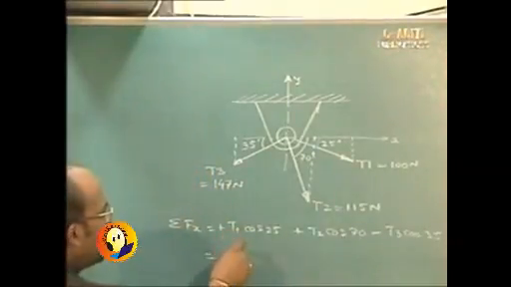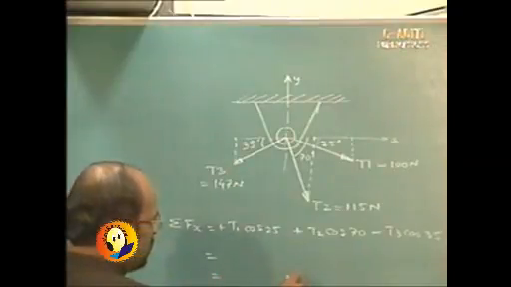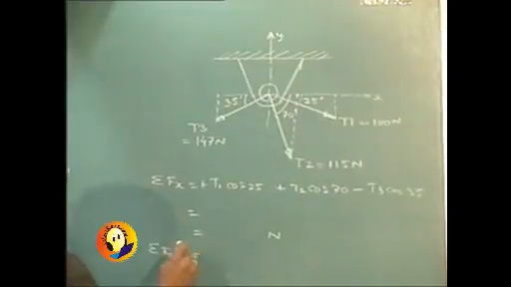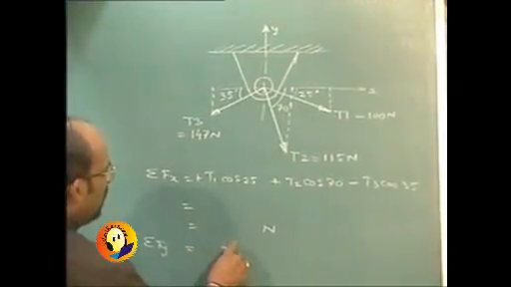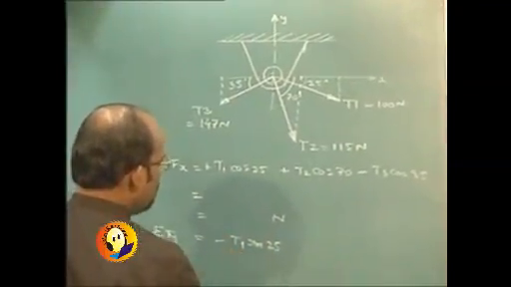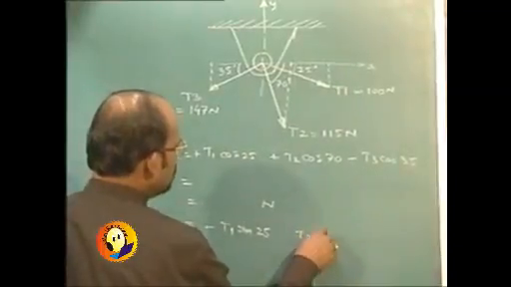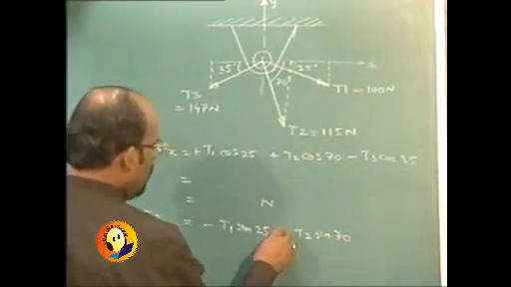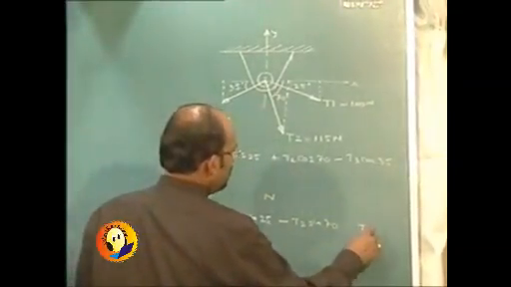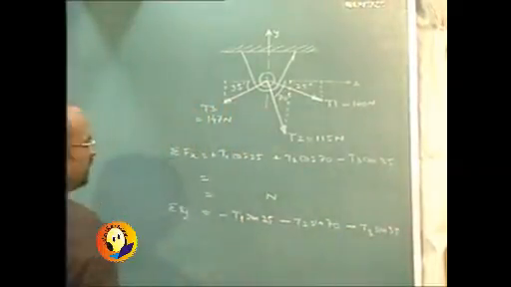And then after substituting the values, you can find out the answer of sigma Fx, so many Newtons. Similarly, sigma Fy will be T1 sin 25 towards left, negative, then T2 sin 70 towards down actually, so negative, and T3 sin 35 degrees, again negative.